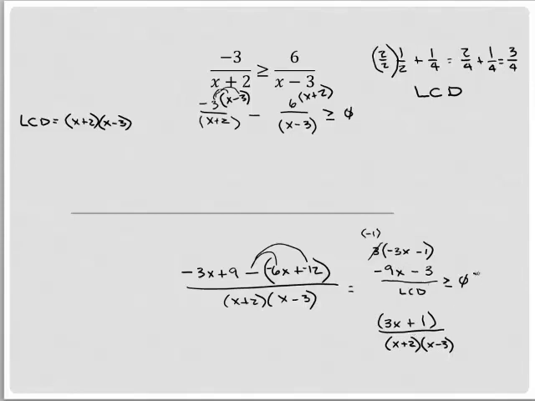What did I do? I have to multiply both sides by negative 1. And what happened in the earlier videos when I multiplied or divided by a negative number? It changed the sign, right? So now I have to make this less than or equal to 0.